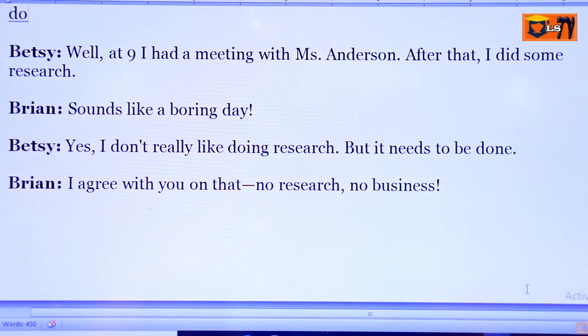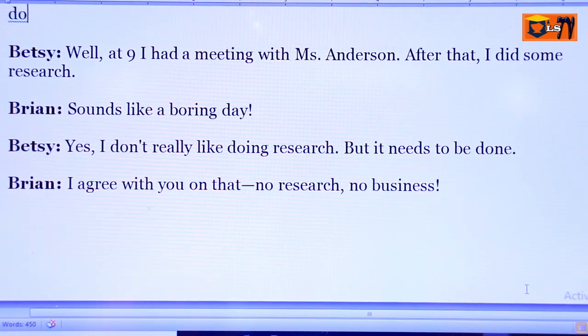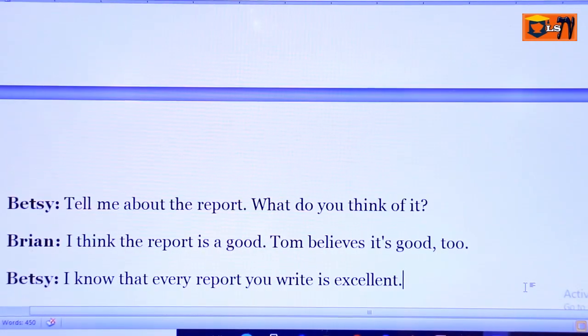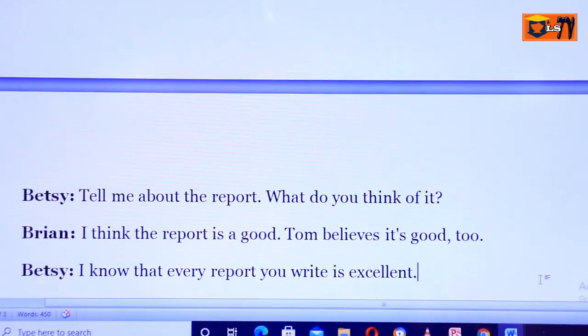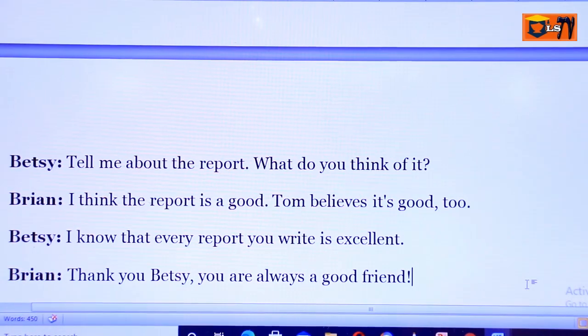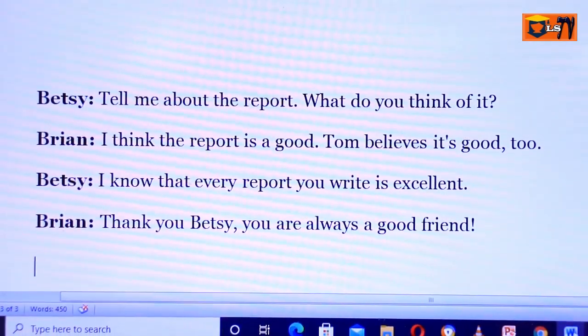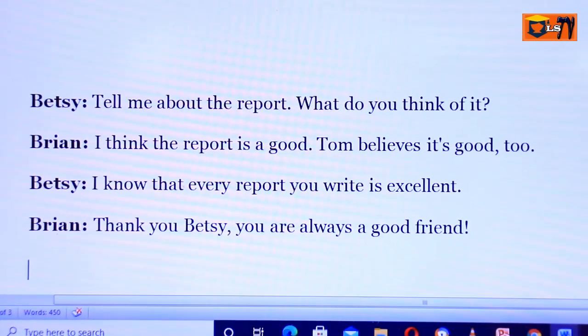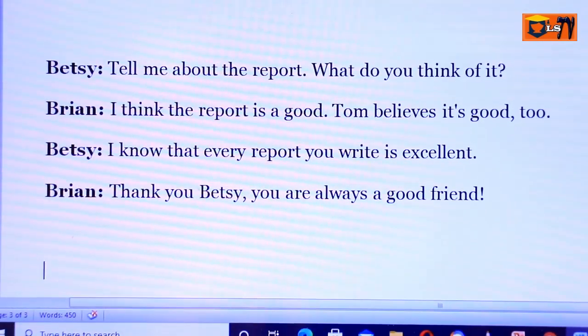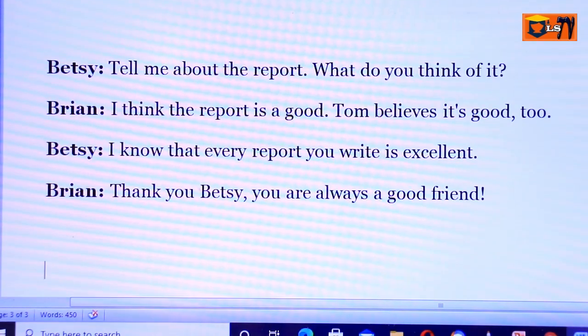Yes, I don't really like doing research, but it needs to be done. I agree with you on that. No research, no business. Tell me about the report. What do you think of it? I think the report is good. Tom believes it's good too. I know that every report you write is excellent. Thank you, bestie. You are always a good friend.